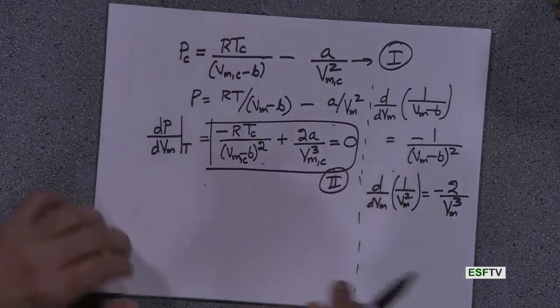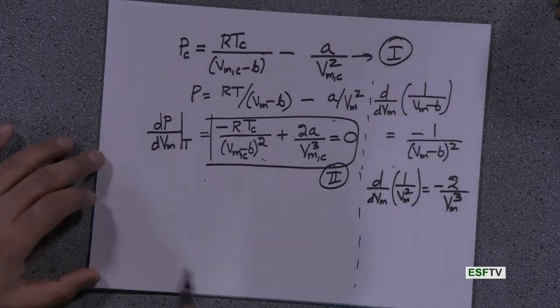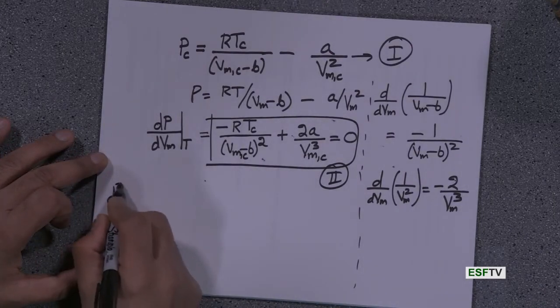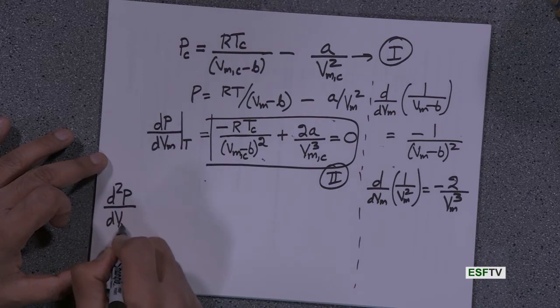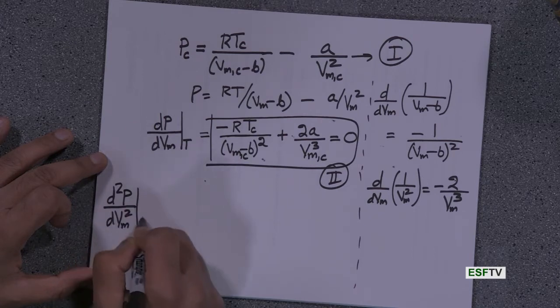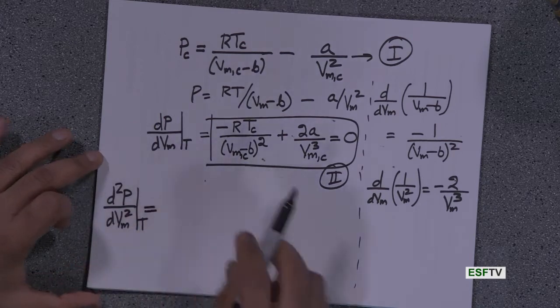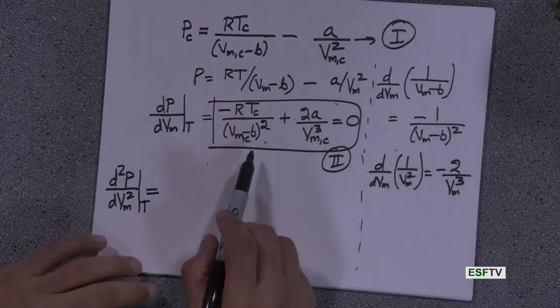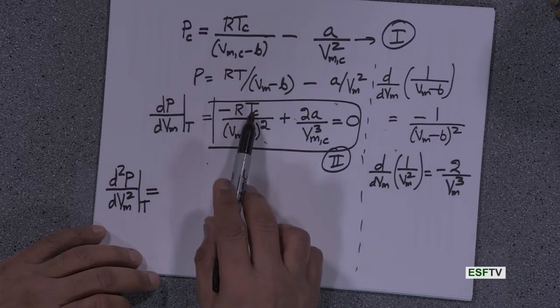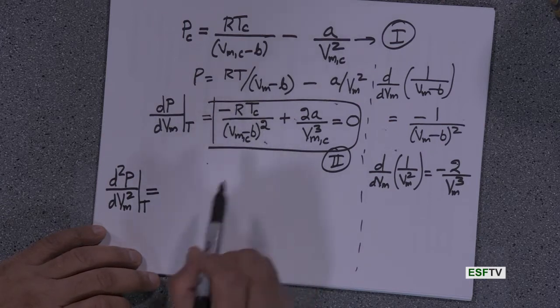We have now 2 equations in 3 variables. We need a third, and the third is obtained by taking 2 derivatives of the pressure on the molar volume at fixed temperature, and that is differentiate this one more time on the molar volume. What do we get? We are keeping the temperature fixed, the gas constant is a constant.